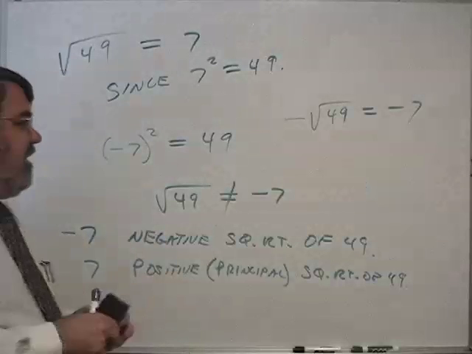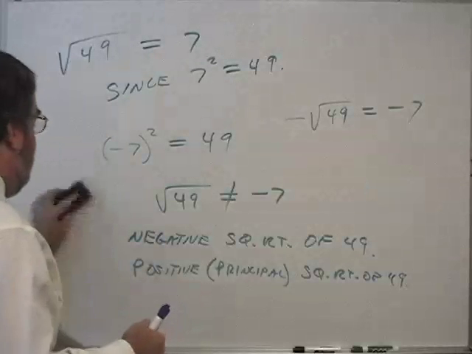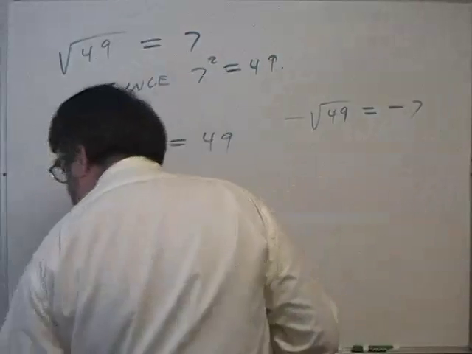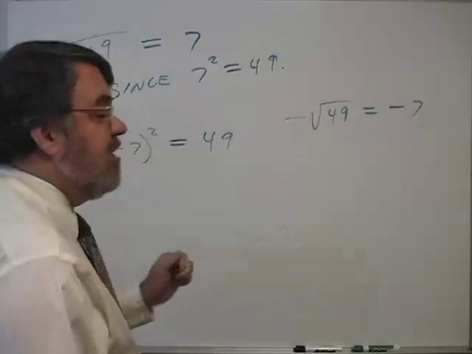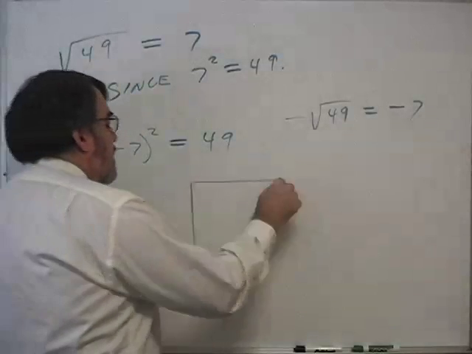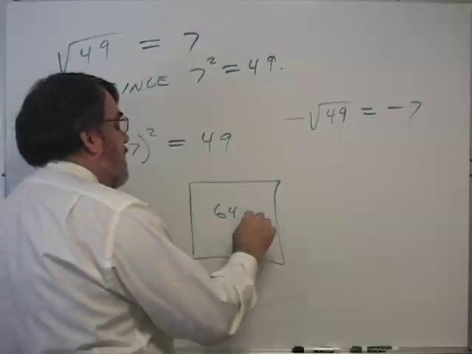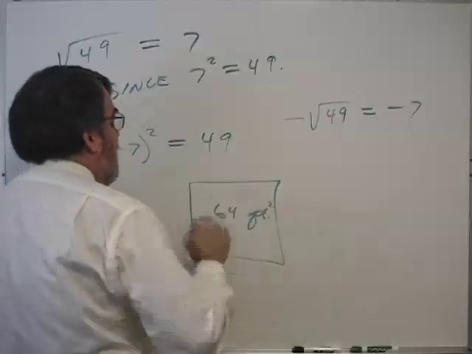The names for these, in case you've wondered further: if you had a square which measured, for example, 64 square feet, and I'm going to represent that as feet to the second power.